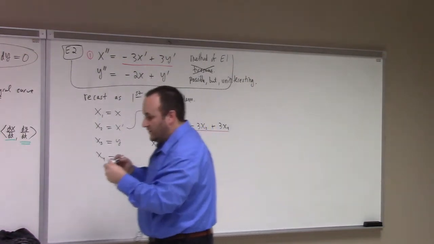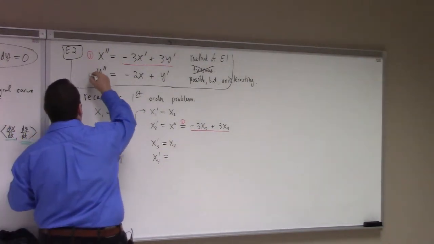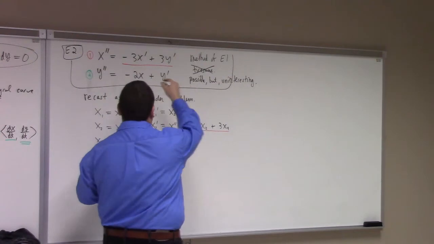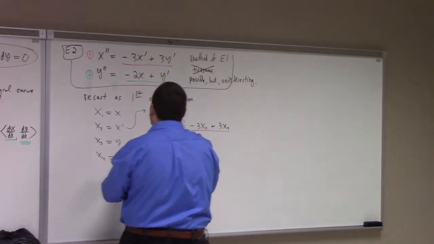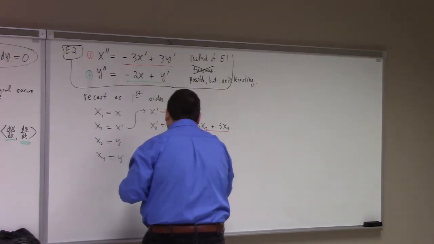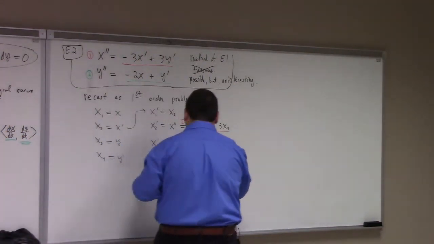I'm going to need to use equation 2 now. Let's see here. What did Mr. Wynn tell me? Minus 2x1 and plus what? Oh, plus x4. Okay.